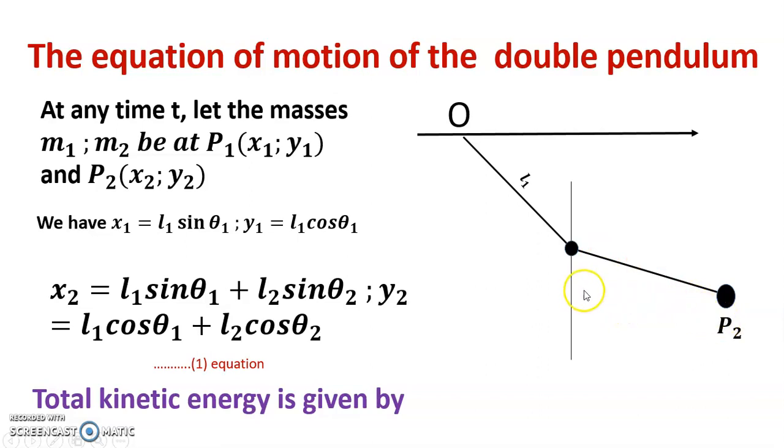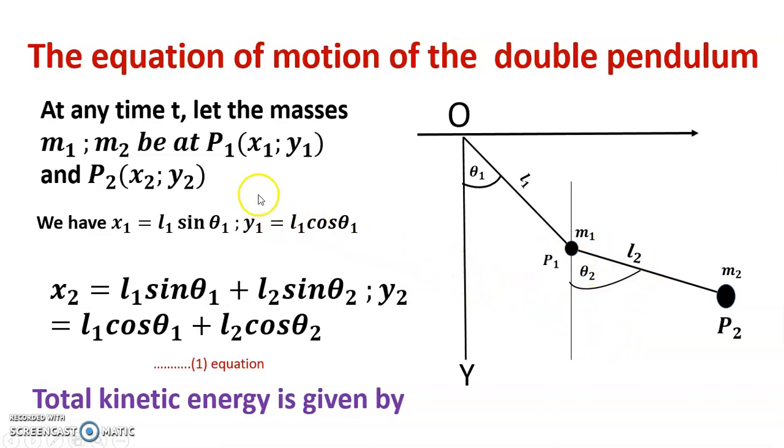This is P2, and this is the P1 position. This mass is M2, and this is the y direction, and this angle is theta 1. This angle is theta 1, and this is theta 2. Now friends, this is L2, this is M1, and this is P1.